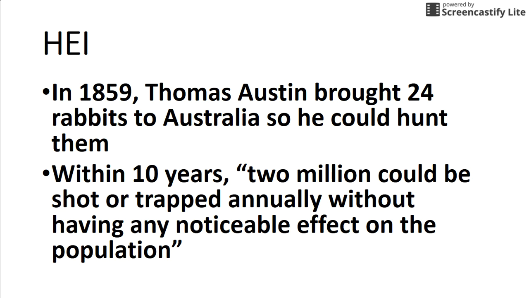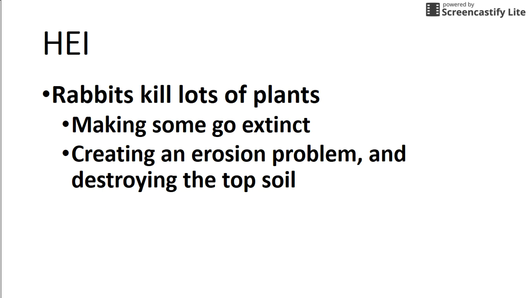So just imagine how exponentially that increases in a very, very short amount of time. Within 10 years of this guy bringing in 2 dozen rabbits, it created this huge amount of rabbits.